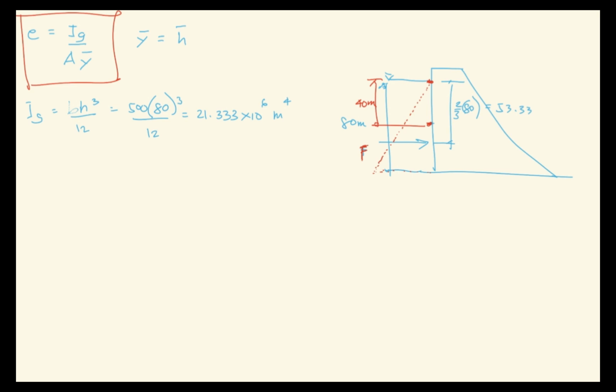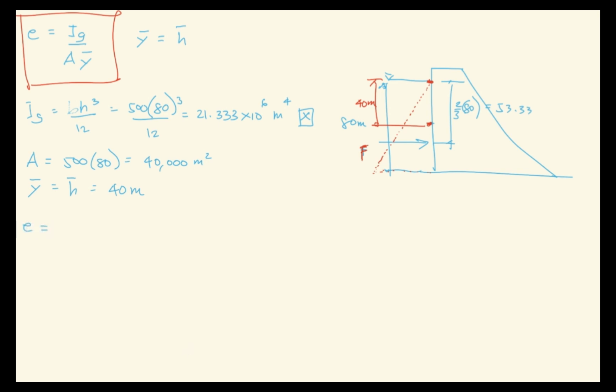Okay. Let us say this is stored in X. Okay. Area is 500 times 80, 40,000 square meters, and that Y bar is equal to H bar, which is 40 meters.